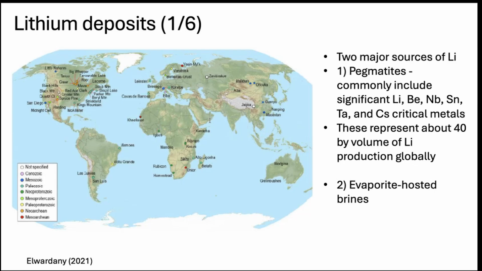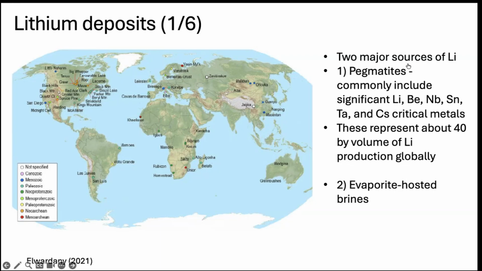For example, sodium ion batteries are being investigated and have some advantages over lithium, not least of which is that sodium is a lot more common than lithium. So how much longer lithium will be a major driver of mineral exploration is a good question. But we have two major sources.